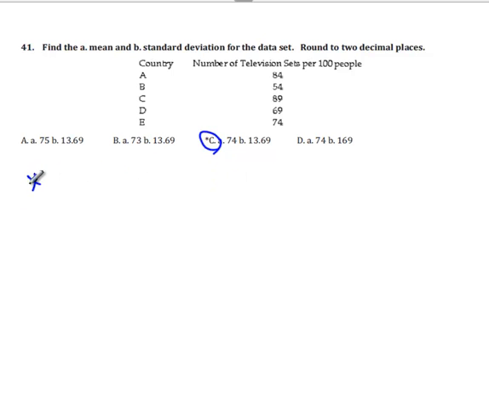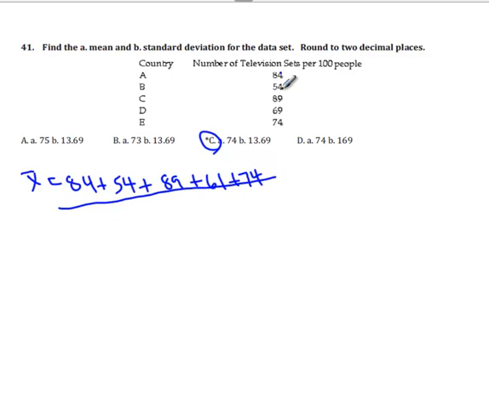To find the mean, we would say 84 plus 54 plus 89 plus 69 plus 74, all divided by 1, 2, 3, 4, 5.